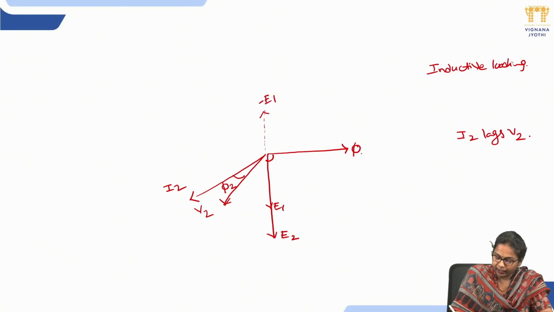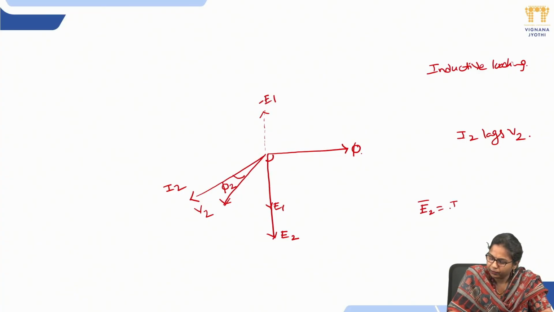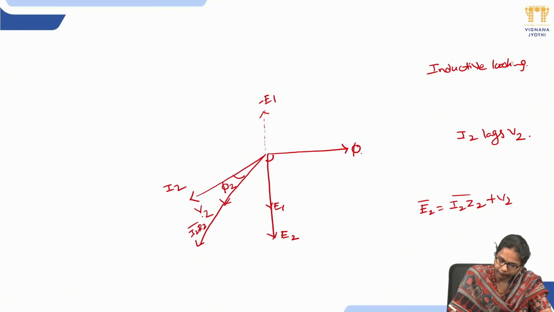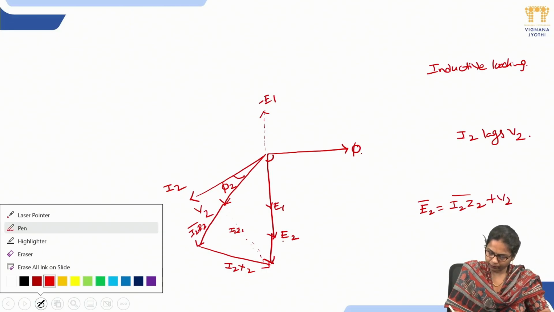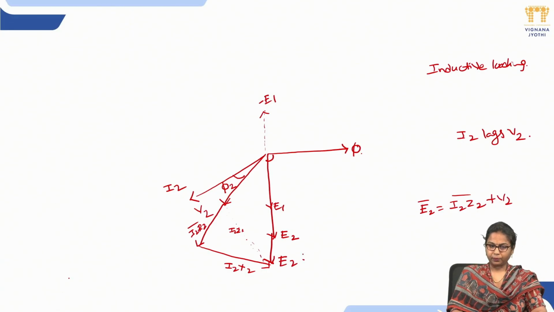Here we try to obtain the final E2. We know that E2 is equal to I2 Z2 plus V2. Along with this, I2 R2, then at 90 degrees I2 X2, giving I2 Z2, and this becomes our E2.